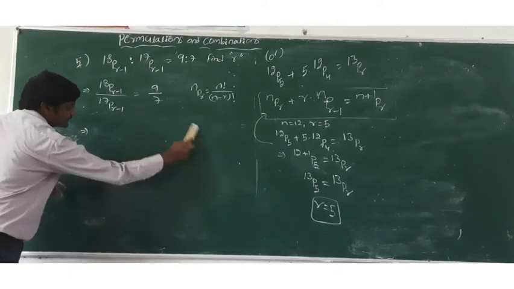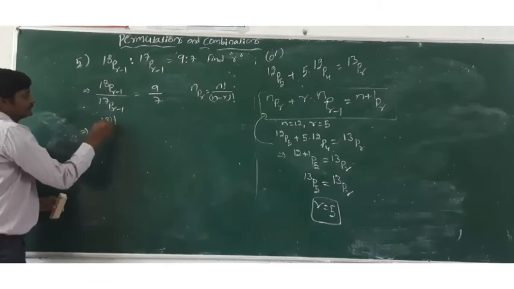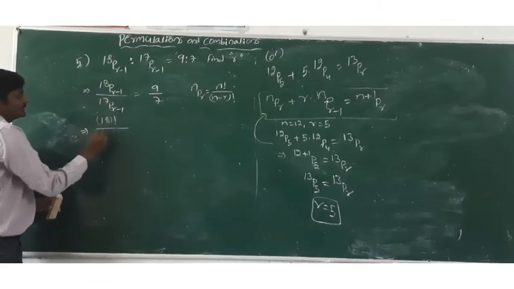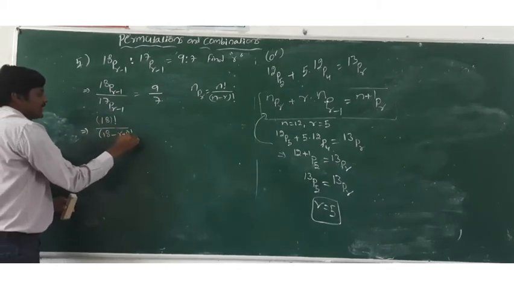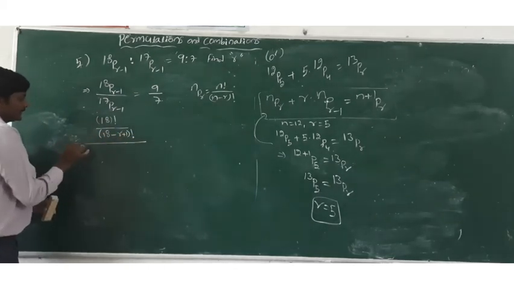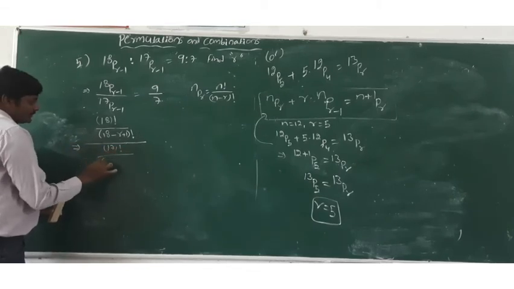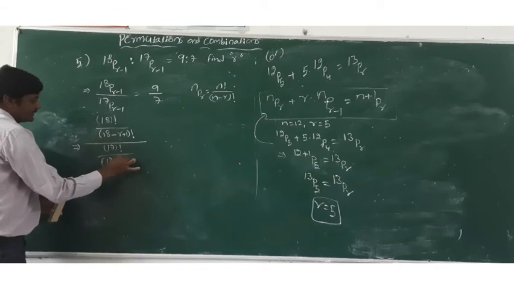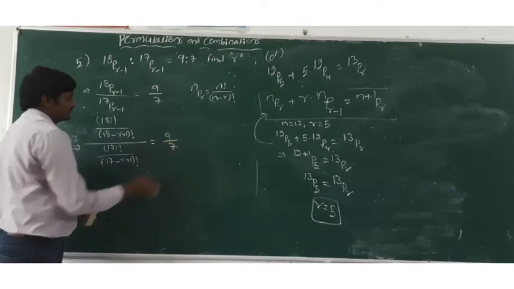Here 18 factorial by (18 minus r plus 1) factorial, and 17 factorial by (17 minus r plus 1) factorial is equal to 9 by 7.